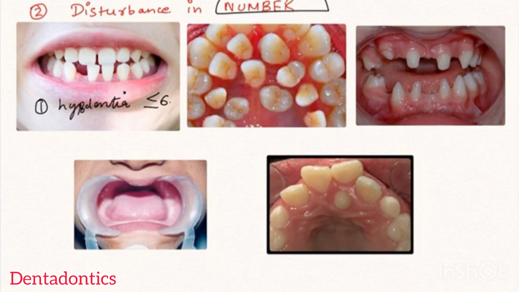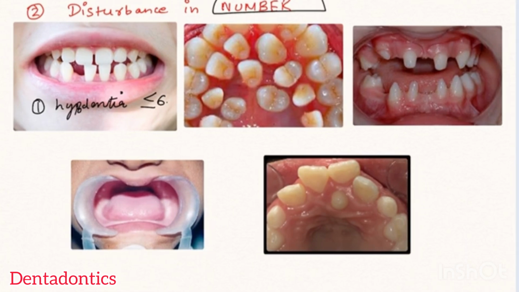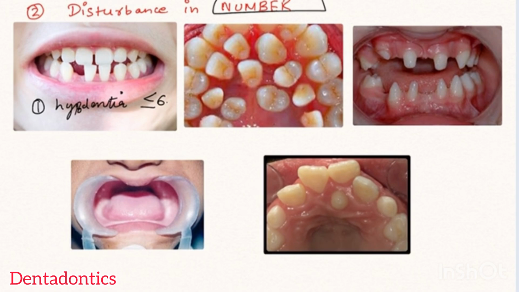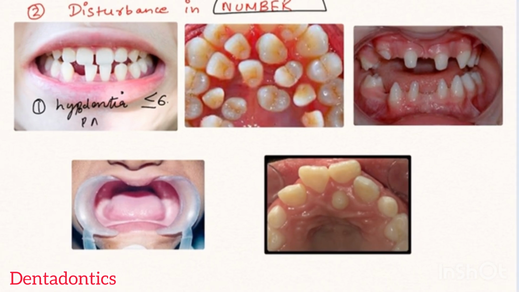It occurs most in females, and in primary dentition the prevalence is less than 1%. The most commonly involved teeth are the mandibular second premolar and lateral incisor, and it is most common in Down syndrome and Perry-Robin syndrome, and the genes involved are PAX9 and MSX1.